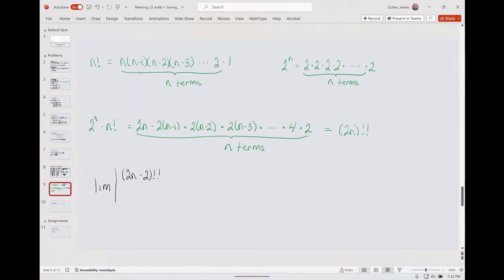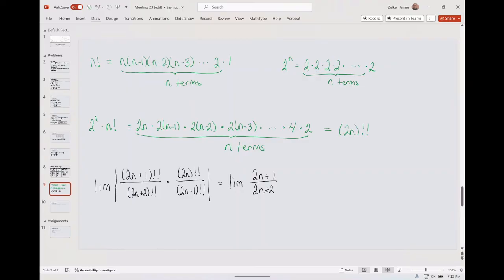Look at that limit. That just becomes the limit of 2n plus 1 all over 2n plus 2.